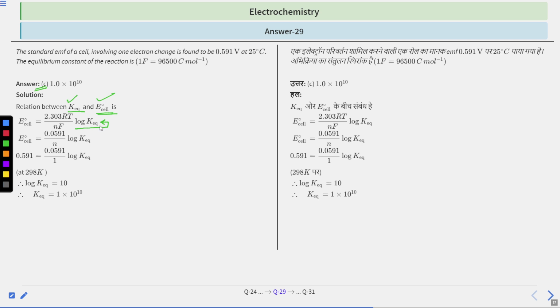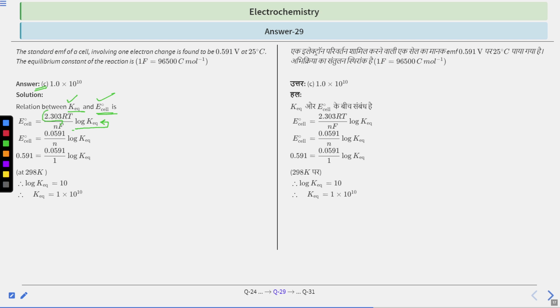So this is the relation between the equilibrium constant and standard EMF of a cell. So E naught of cell will be equal to 0.0591, because 2.303 is a constant value, R is a constant, T is given as 25 degrees Celsius, we convert it into Kelvin, and which will also be constant. N is different, so we will see that later. F is also 96500, it is also constant.